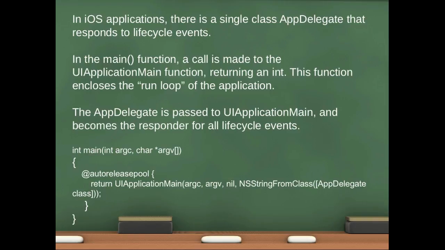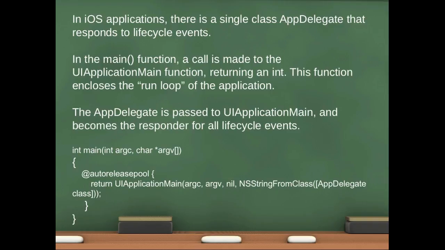So how does all this happen? Well, it's very simple. In the main function, a call is made to UIApplicationMain. This is a C function that returns an int. And then the main function just returns the integer that it gets back from UIApplicationMain. The real purpose of UIApplicationMain is to wrap up the run loop of the application.